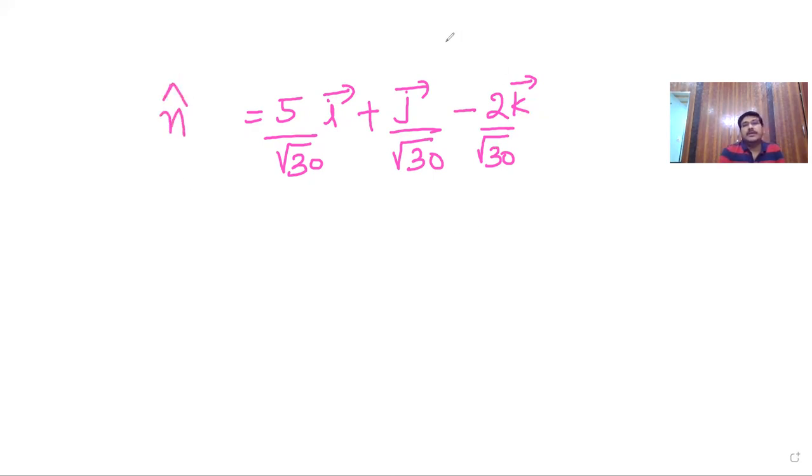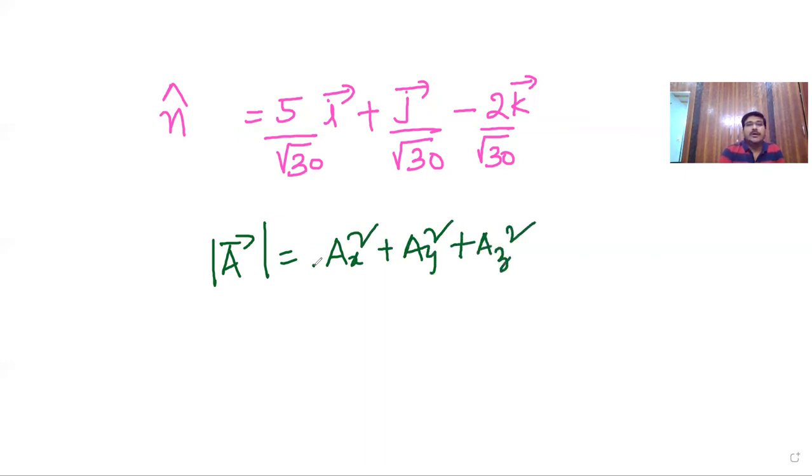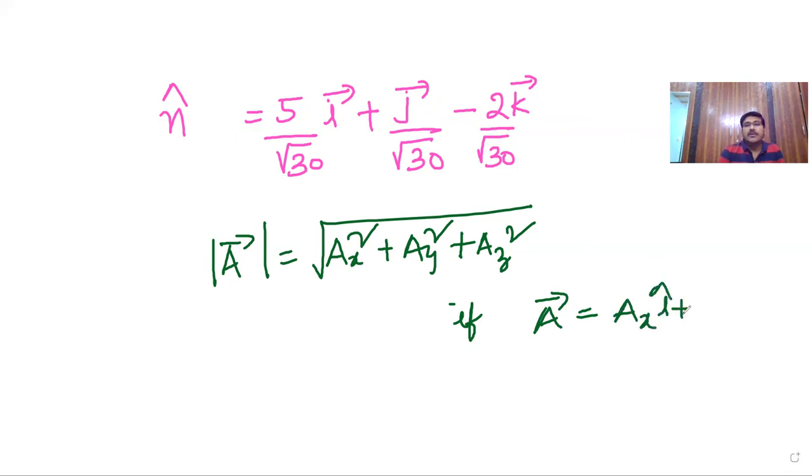And for clarity, the magnitude of A bar has the formula square root of ax square plus ay square plus az square, if the vector is ax i bar plus ay j bar plus az k bar.